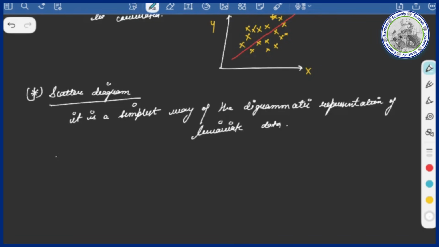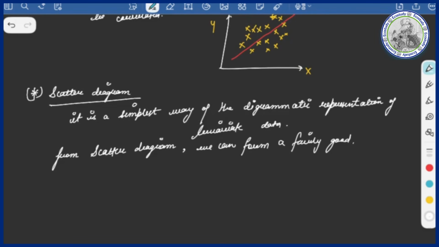From a scatter diagram we can form a fairly good idea whether the variables are correlated or not.